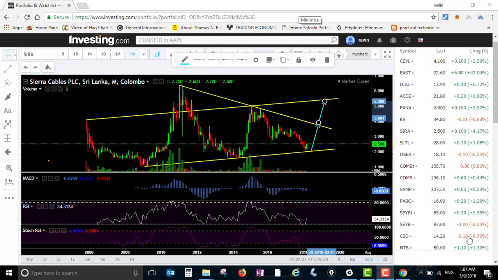Hi, today I'm going to teach you how to analyze a stock chart in the Colombo stock market. It is not rocket science. It is a very easy method I'm using. You can learn here very quickly how to analyze a particular stock price chart.